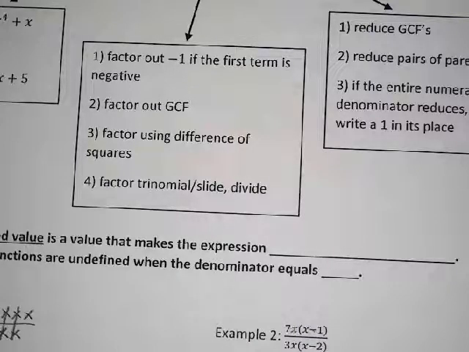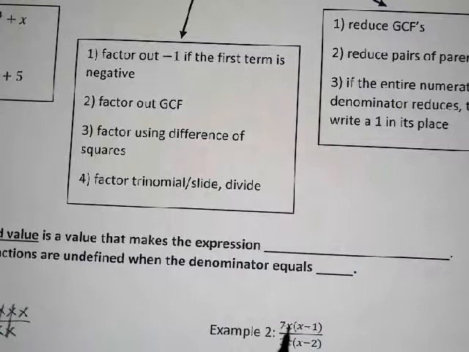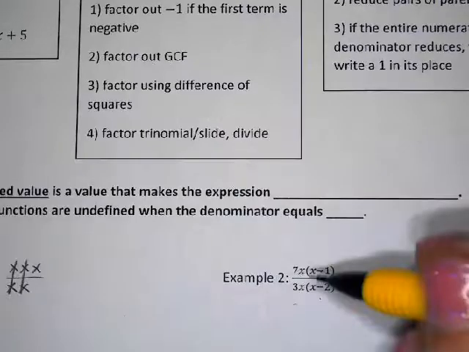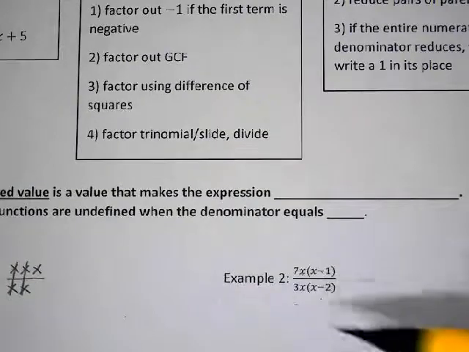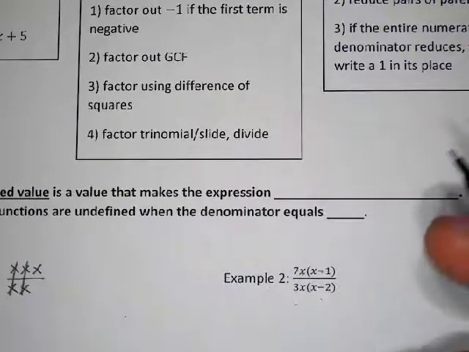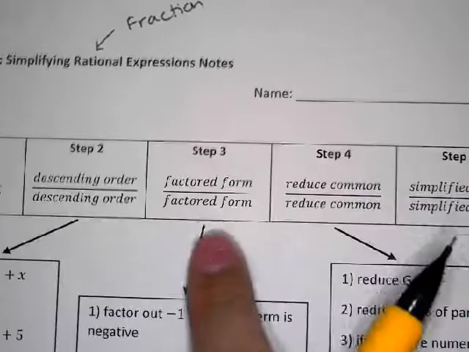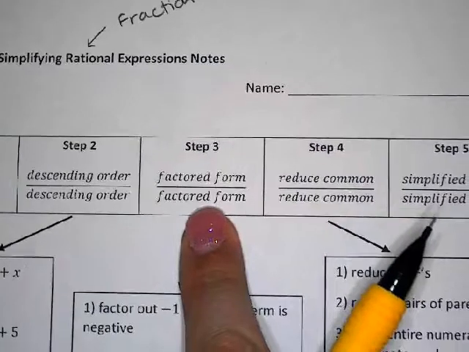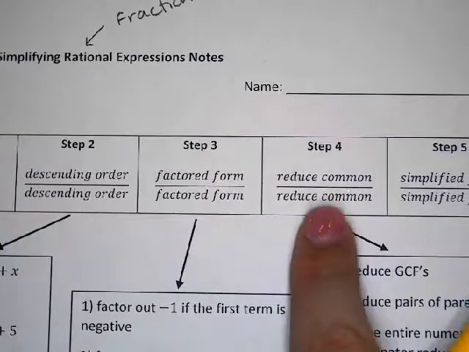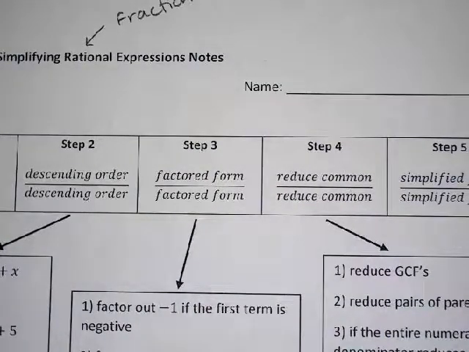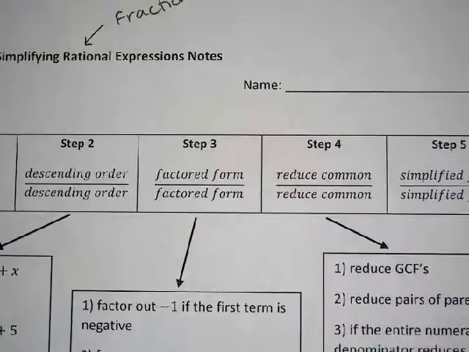Yeah. So if the top is written as multiplication and the bottom is written as multiplication, then when the top and the bottom are divided, that means we can cancel them out. Right? So once we have the problem written in factored form, if we see something that's the same, we can cancel it out because multiplication and division cancel each other out.